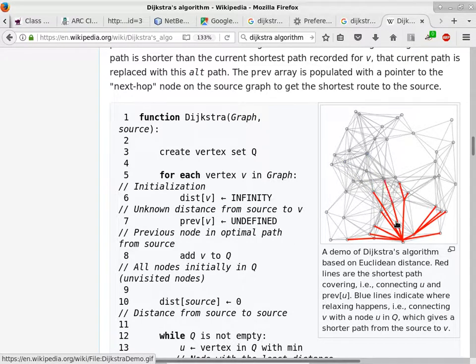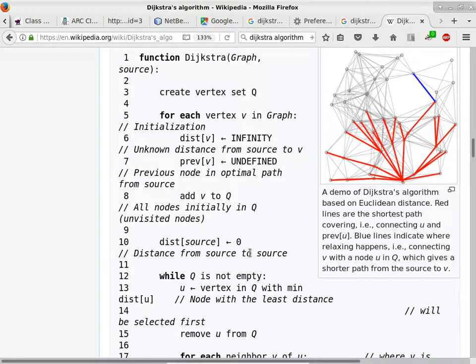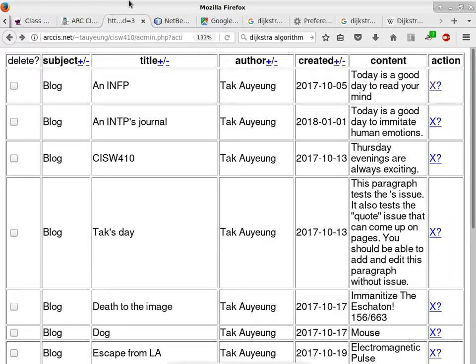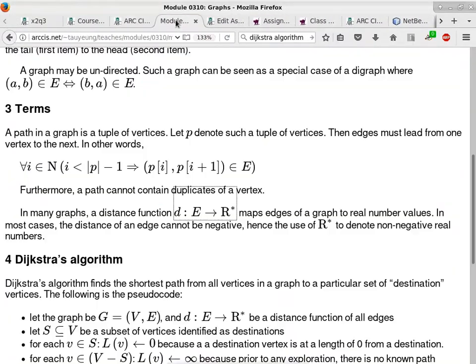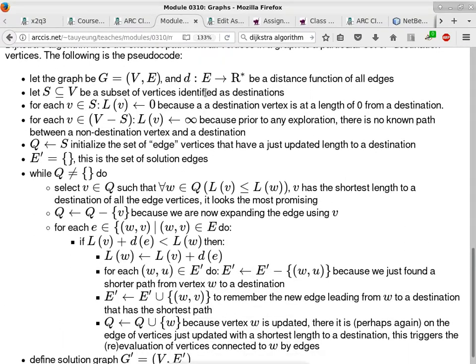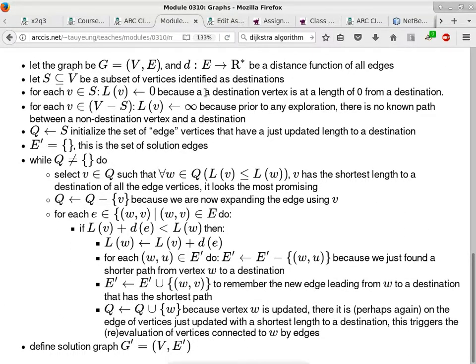But I got a better analogy that is easy for you guys to remember, even though it might be a little gross. But gross things are easy to remember because your mind goes like, ew, and now I remember that. Okay. So this is Dijkstra's algorithm in pseudocode, and I have my own. So this is my version of Dijkstra's algorithm.